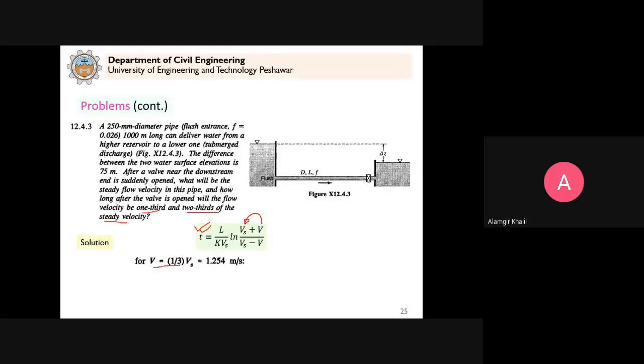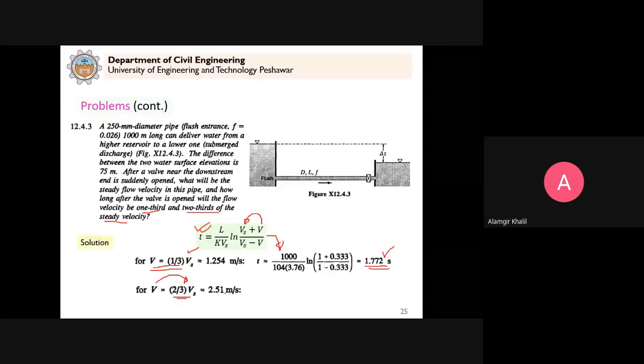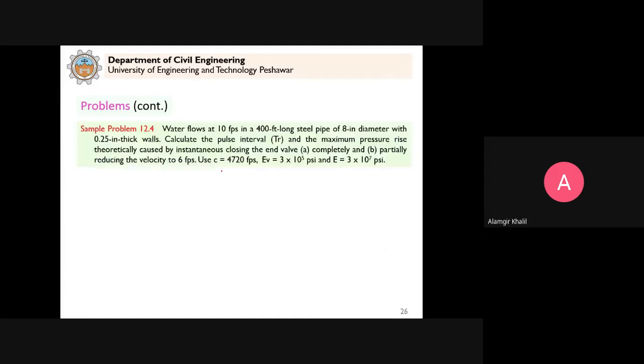So for V equal to 1/3 of the steady state, you just put values in this equation here, 1.772 seconds. And for 2/3 of the steady state velocity, the time taken is 4.11 seconds. So this we discussed in the previous lecture.